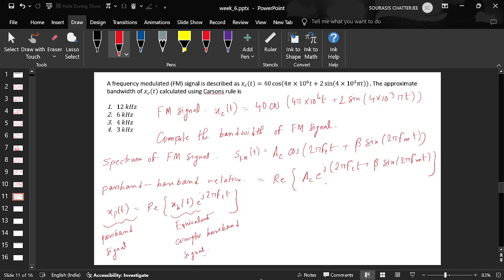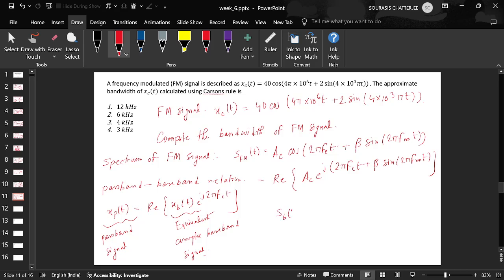So we would like to find out, since the frequency modulated signal is a passband signal, the equivalent complex baseband signal of it, and then we compute the spectra. If we compare these two expressions here, what is the baseband equivalent representation of the frequency modulated signal?